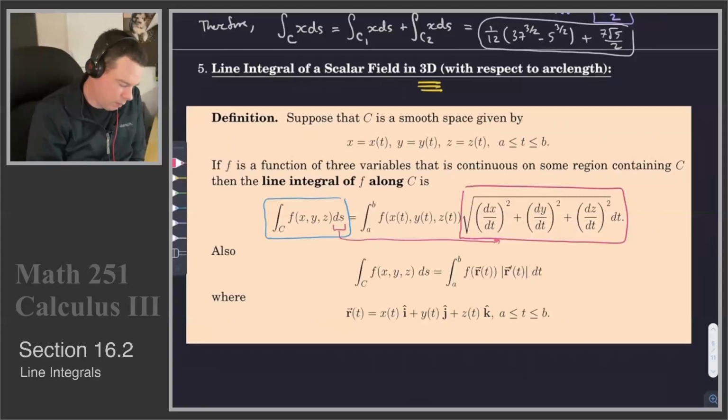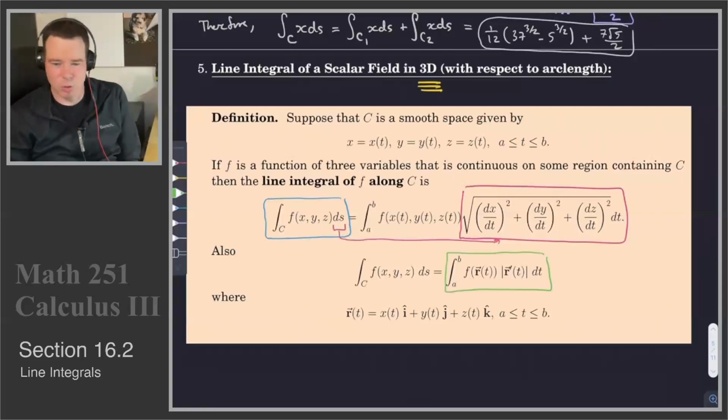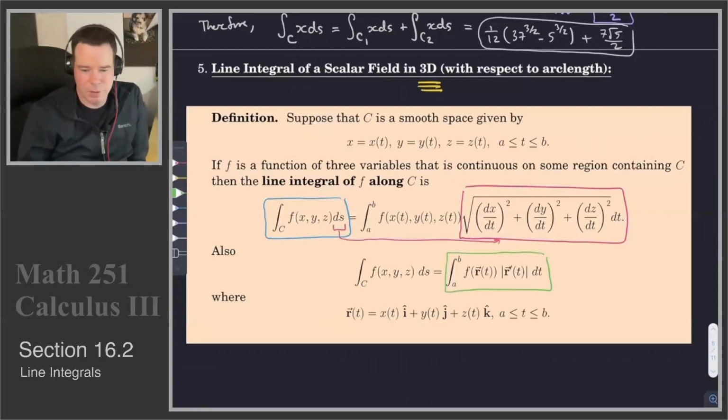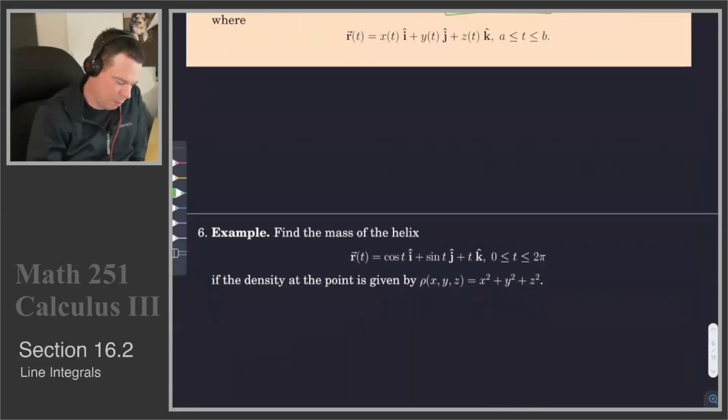And so this is the one we'd like to keep in mind because it's a little bit shorter to write, but it has all the information we need. We're going to integrate a function of t with respect to t. Our function of t is going to be f with the parameterization substituted in for x, y, and z, and then the magnitude of r prime of t dt are the other parts that we need. So let's go ahead and do an example.